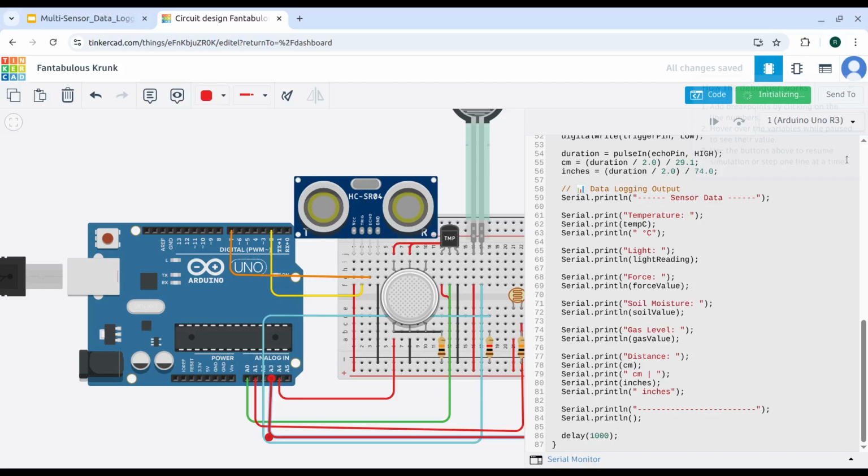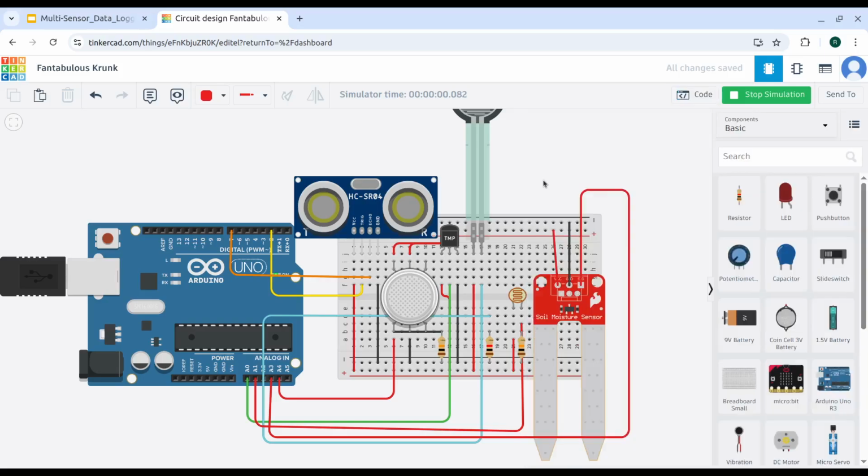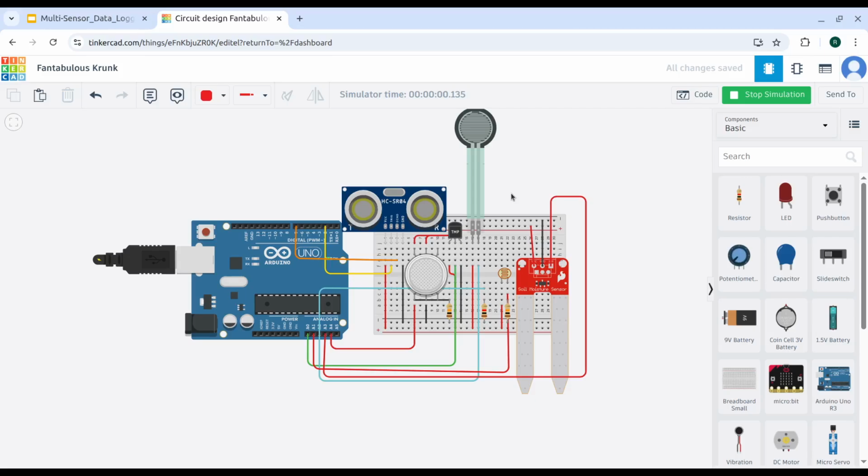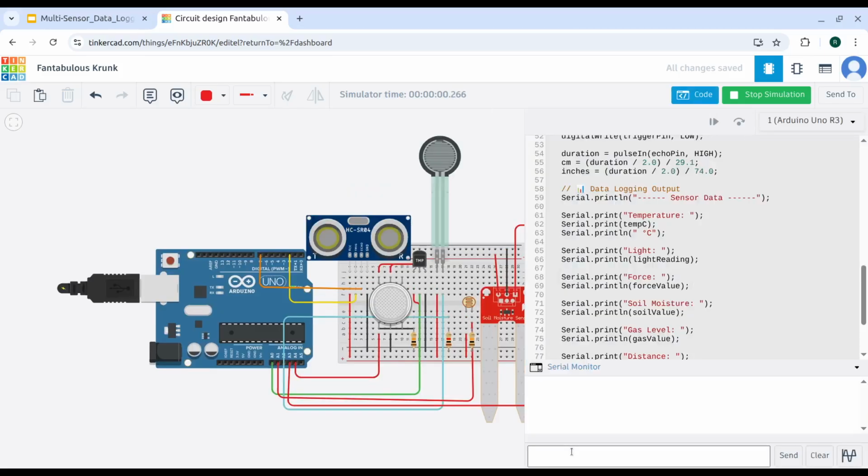We need to observe the output in serial monitor. Let's see, everything is fine, right? Yeah. Now check it in here. It's not showing. Yeah, showing.